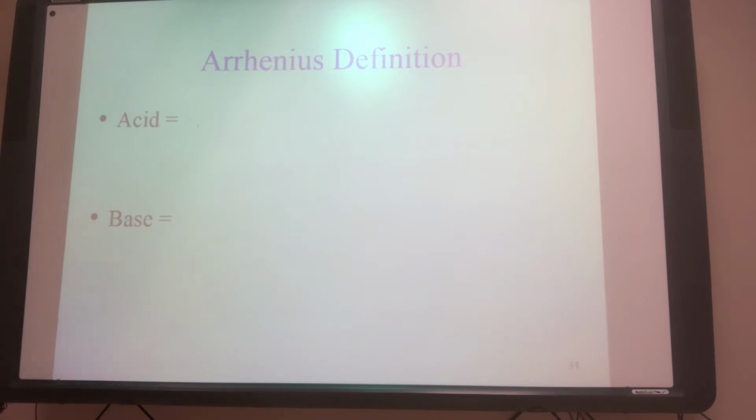The Arrhenius definition says that an acid is a substance that contains hydrogen and produces H plus or H3O plus, which is hydronium, when it produces these ions in aqueous solution.